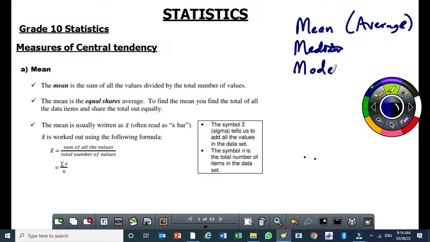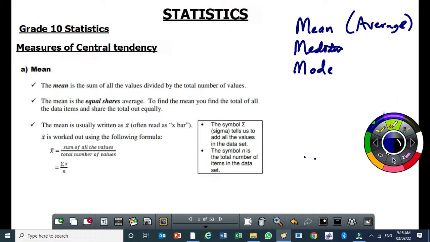The mode, because most people would have got that specific mark. So your mode is the number which appears most often in a data set.